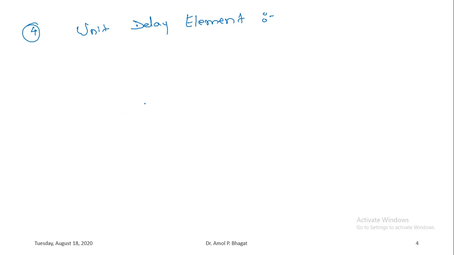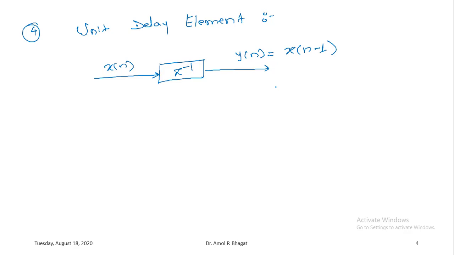This block is represented as z inverse. Again, to this block you are applying input x of n and it is producing an output represented as y of n, and this y of n is equal to x of n minus 1.